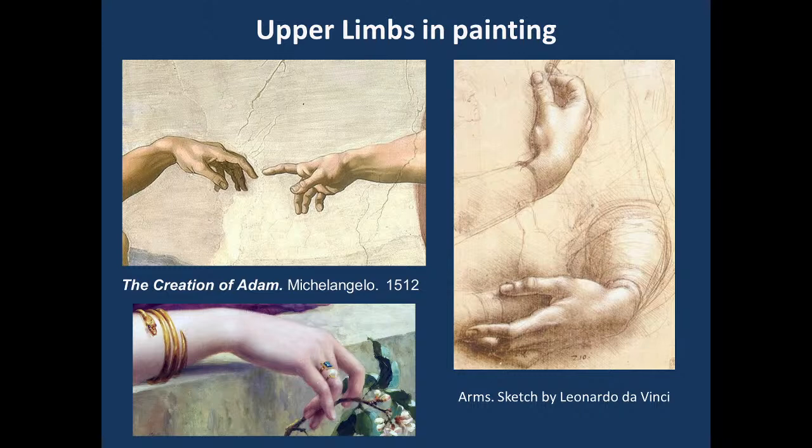I hope you recognize the very famous picture, Creation of Adam, by Michelangelo Buonarroti, and this is also arms in a sketch made by Leonardo da Vinci. He was a very famous artist and engineer and scientist in Italy.